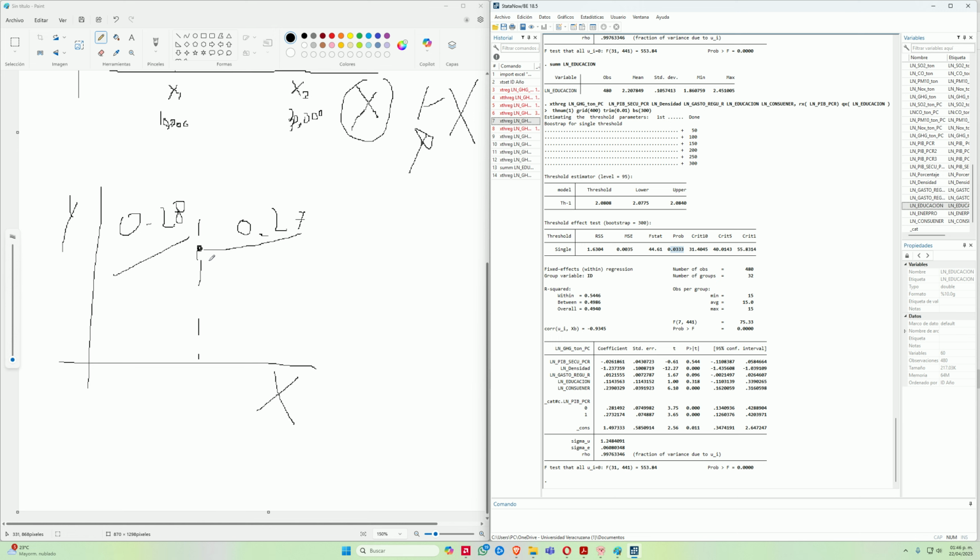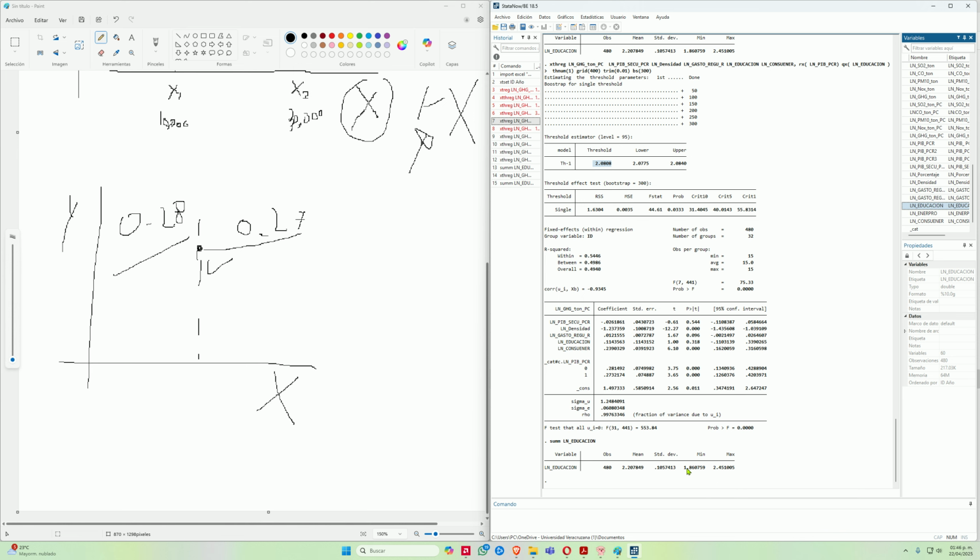The threshold is real. In this case, the values of education take values from 1.86 to 2.45. Before this value, the coefficient is this, and the pollution is increasing at this rate.